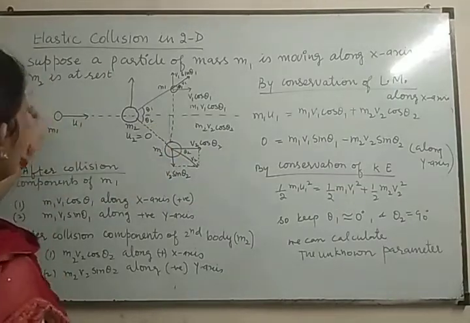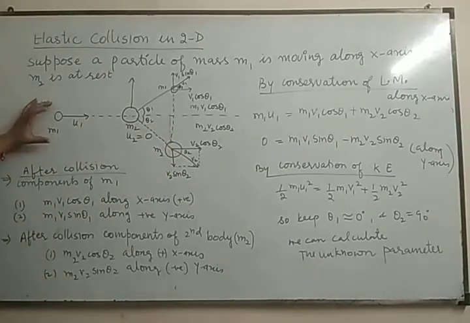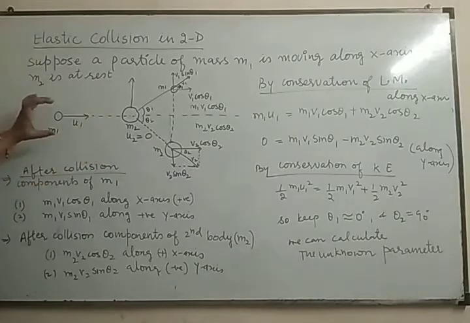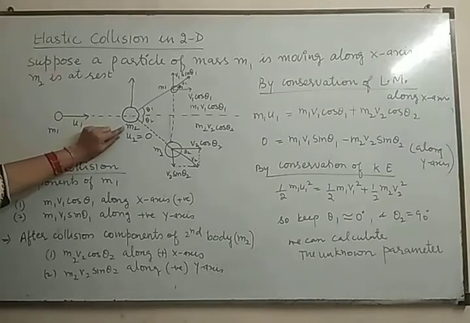Now coming to before collision: the first object is moving only along the x-axis, and there is no motion along the y-axis. That is why its momentum along the x-axis is m1 u1. The second object is at rest, so its momentum is 0, with no momentum along the x-axis or y-axis. The kinetic energy is half m1 u1 square, and the second has kinetic energy 0.